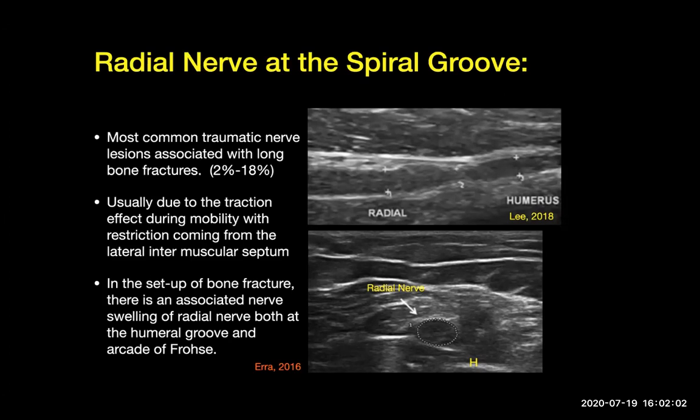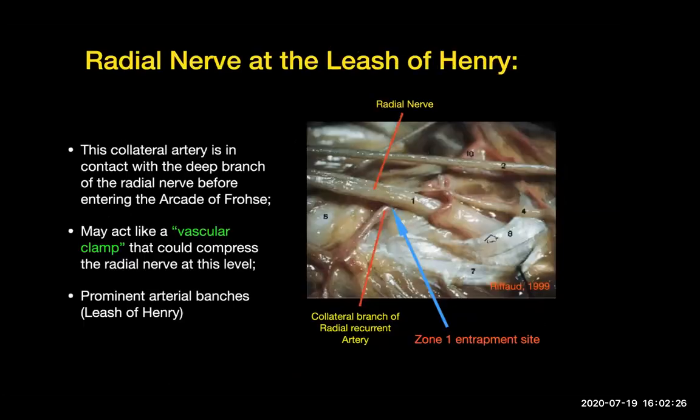Or it could be due to the traction effect during mobility with restriction because of the intermuscular septum. And then, of course, if there is a bone fracture, there is also an associated nerve swelling. So it's very important that if we have a fracture of the humerus, you better check your radial nerve just to ensure that it's not affected, because it's really very close to the bone.